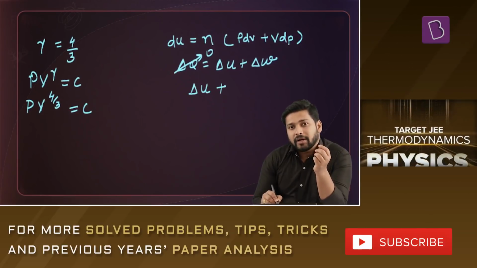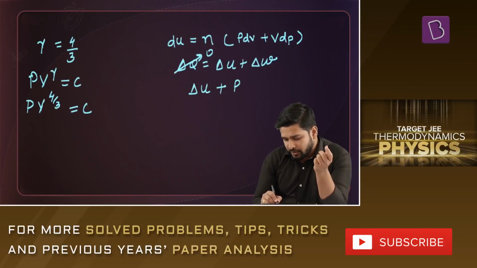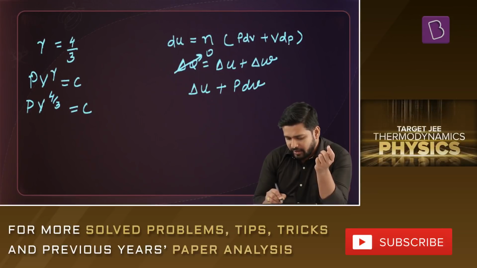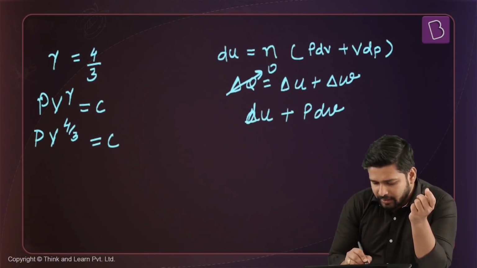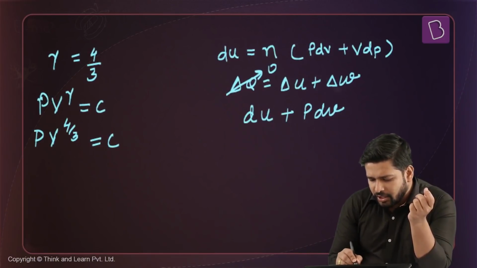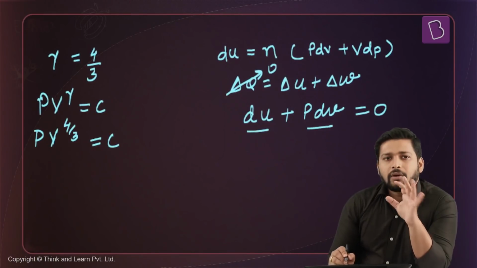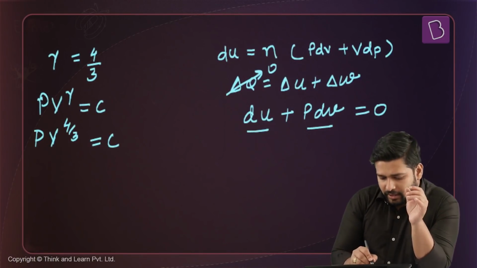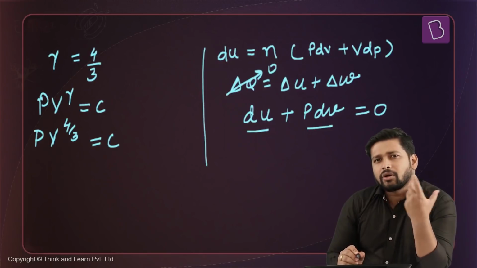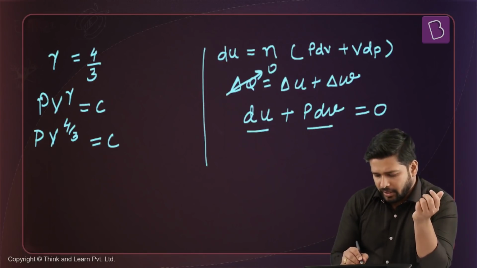Delta W can be written as PdV, right? I can also write delta U for a small change as dU. So dU plus PdV equals 0 is the expression that I get for a general adiabatic process. This is what I know.